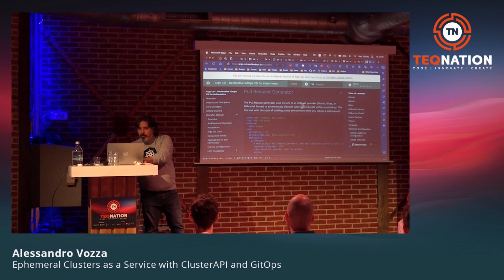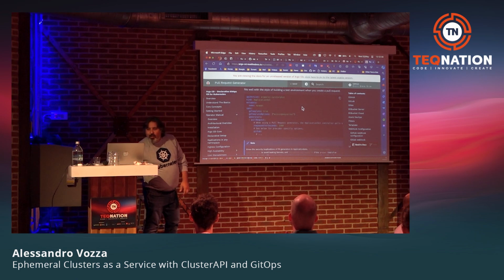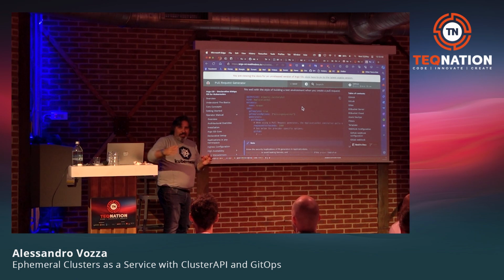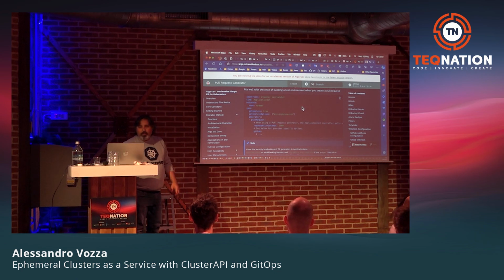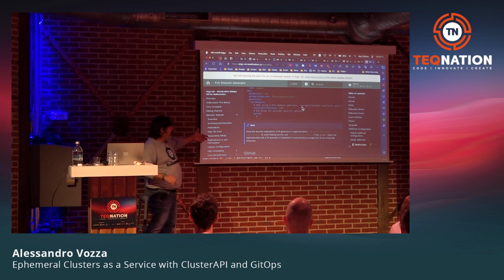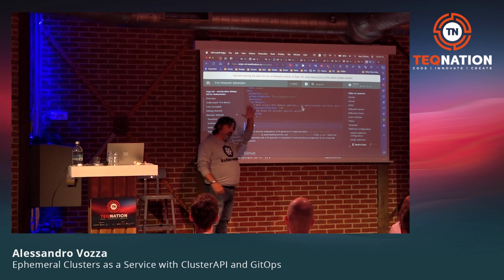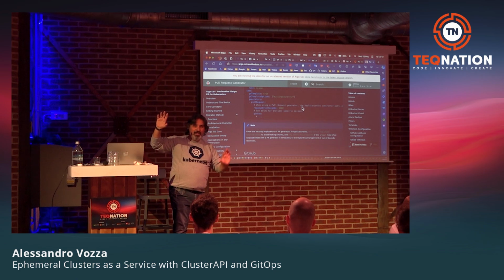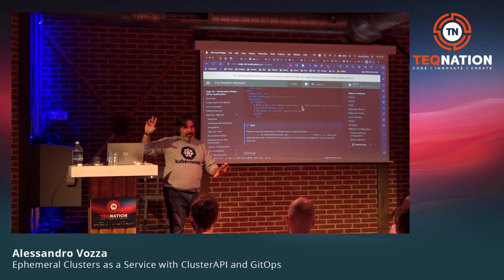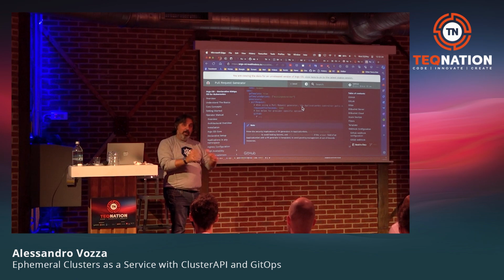The pull request generator generates applications out of a pull request set, you see? So if you use this, of course, you have to give the GitHub credentials and so on. Whenever there is a new pull request, an application is created out of an ApplicationSet. An ApplicationSet is like a deployment. A deployment is a template for pods.